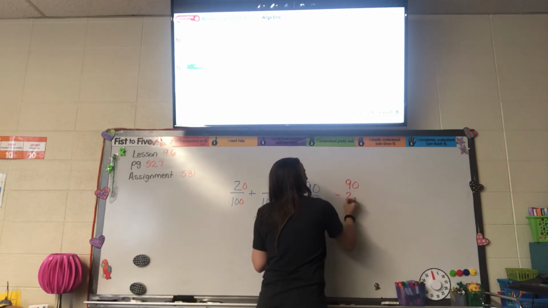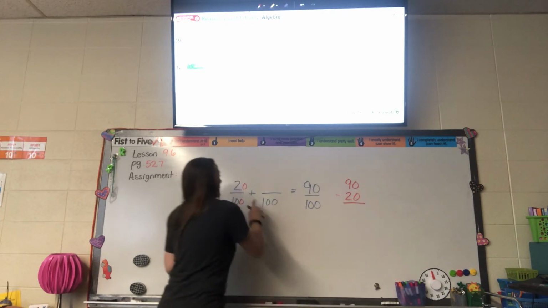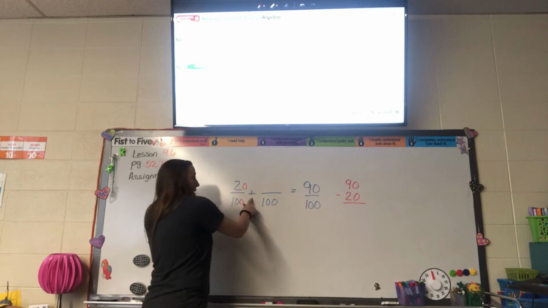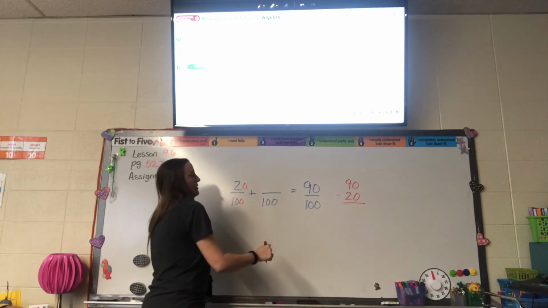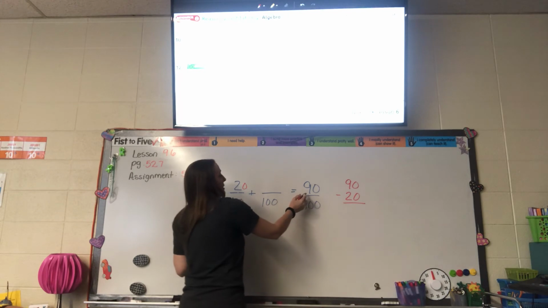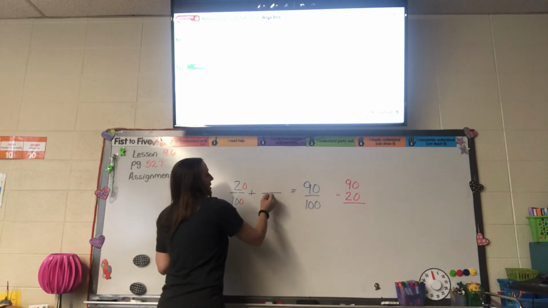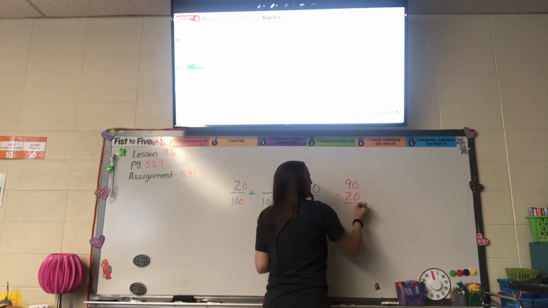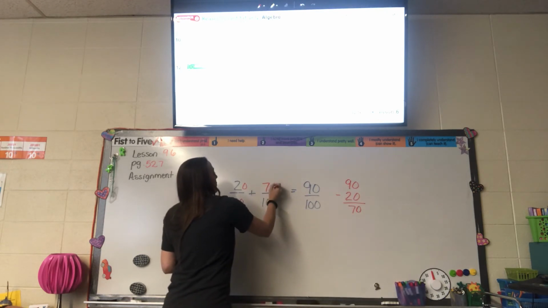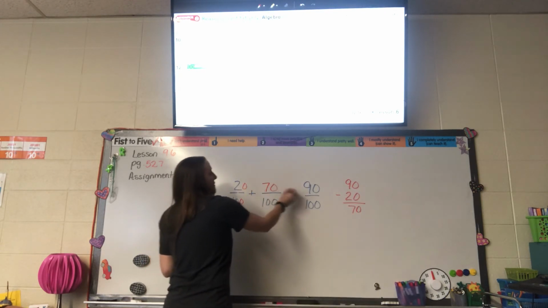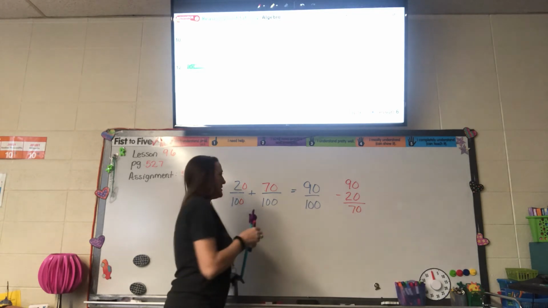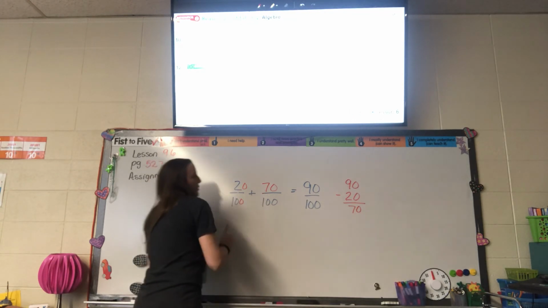Remember, when you're adding two numbers together, you can subtract to find the difference. So 90 minus 20. 0 minus 0 is 0. 9 minus 2 is 7. So is 20 plus 70 90? Yes, it is. So our missing number was 70.